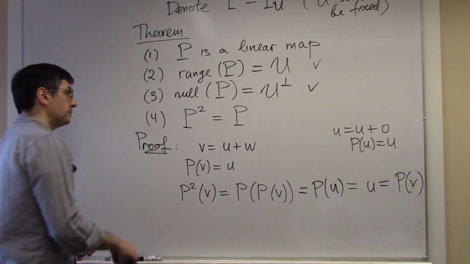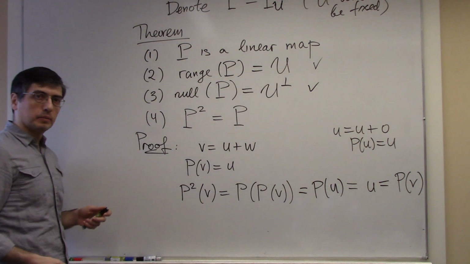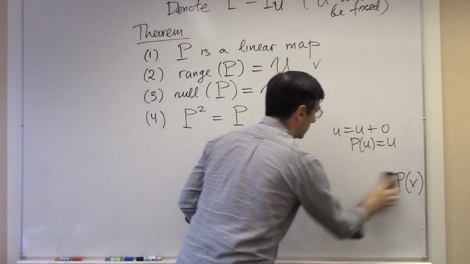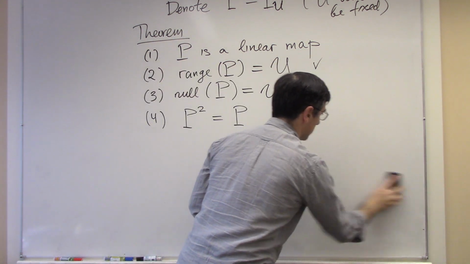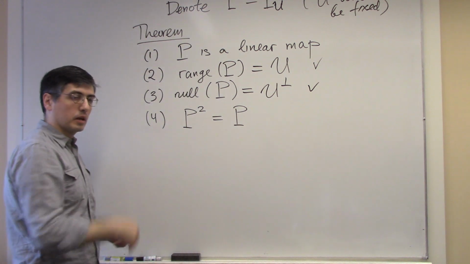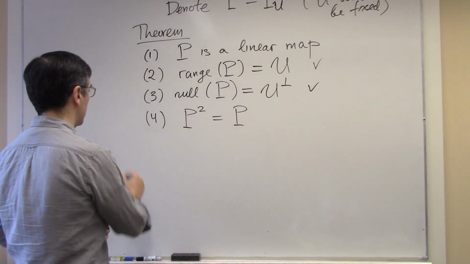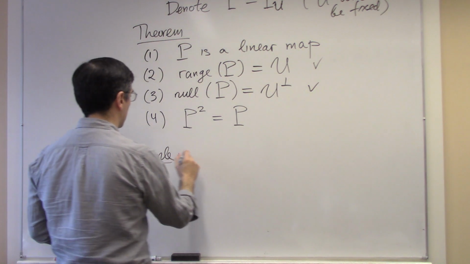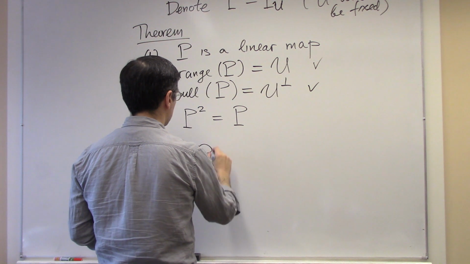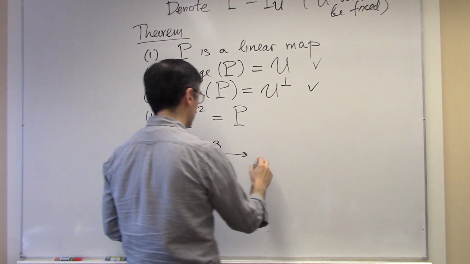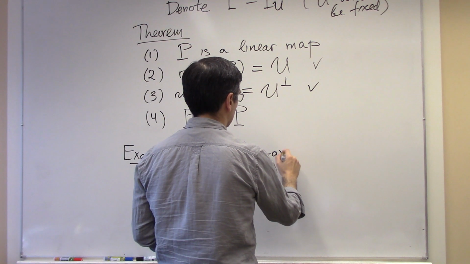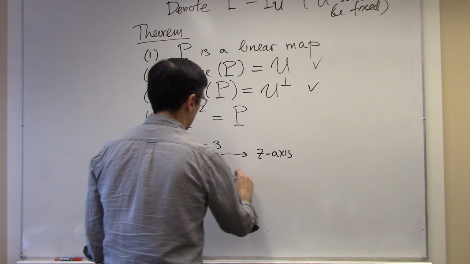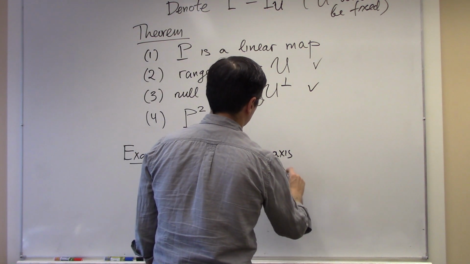And now, if you didn't follow the abstract argument, at least you should try to understand what this theorem says on that simple example that I've been carrying around throughout the lecture. So in the example, we have R3 going to the z-axis, so P of x, y, z is 0, 0, z.